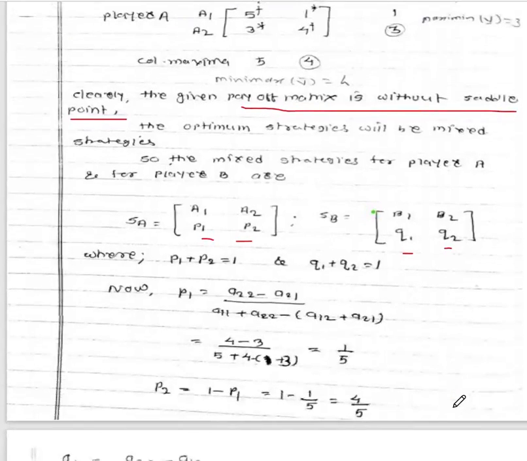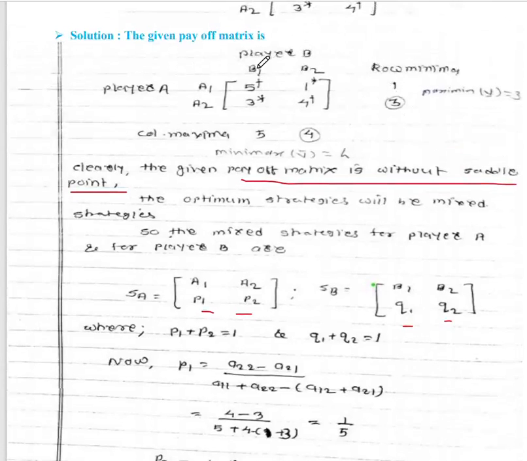So now we will find P1. The formula to find P1 is (A22 minus A21) divided by (A11 plus A22 minus A12 plus A21). We have a 2 by 2 payoff matrix: A11 is 5, A12 is 1, A21 is 3 and A22 is 4.